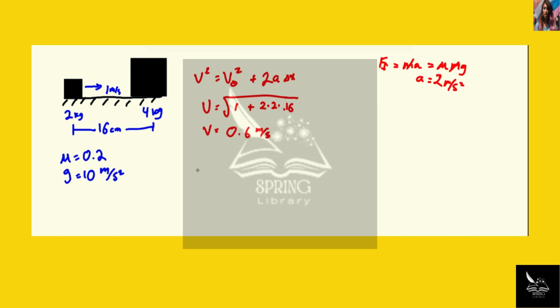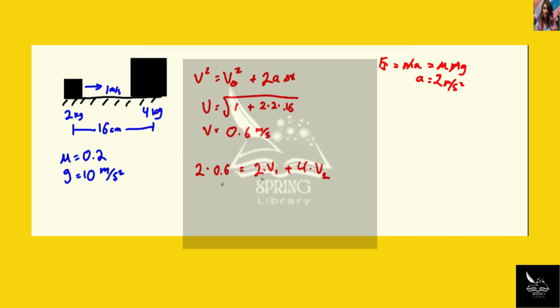So after they collide, we're going to have to figure out their velocities. So we'll use conservation of momentum. The momentum before is going to be the mass of the 2 kilogram block times its speed of 0.6. The momentum after is the 2 kilogram block times its speed, we'll call that v1, plus the 4 kilogram block times its speed, we'll call that v2.